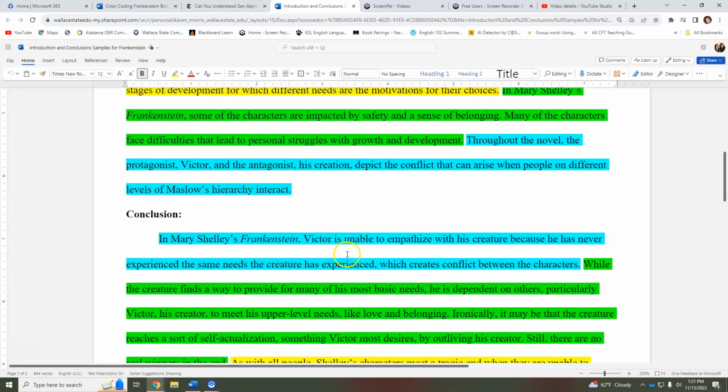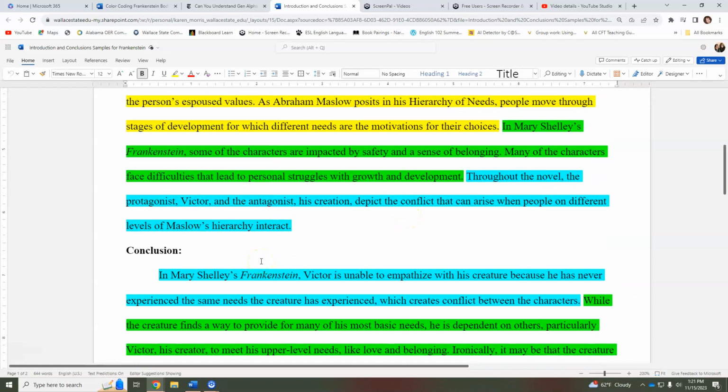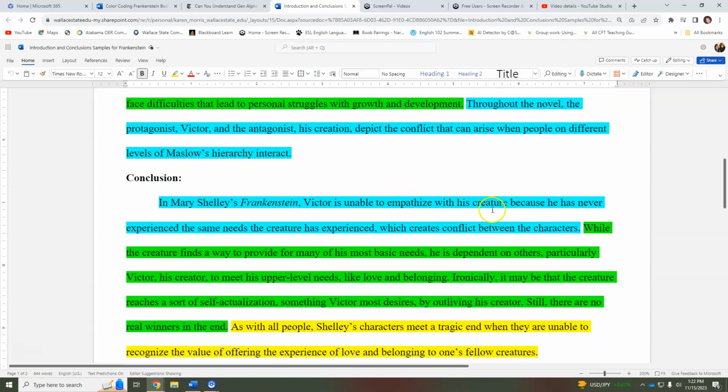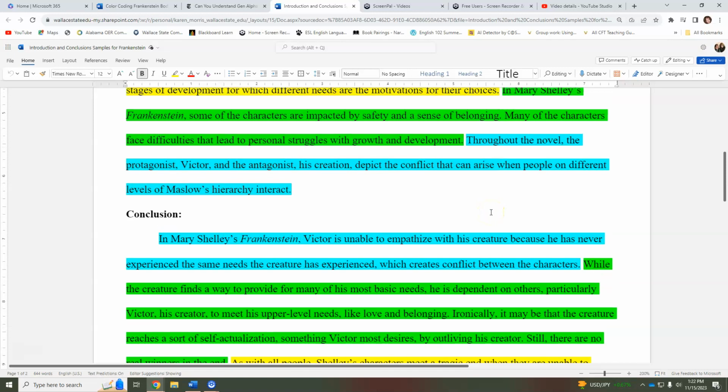Then the conclusion should restate the thesis in a new way. And initially, when I came up with these very generic sample introduction and conclusion paragraphs, I realized looking at this thesis statement and this thesis statement, I did not have an exact word or phrase, which is really important.